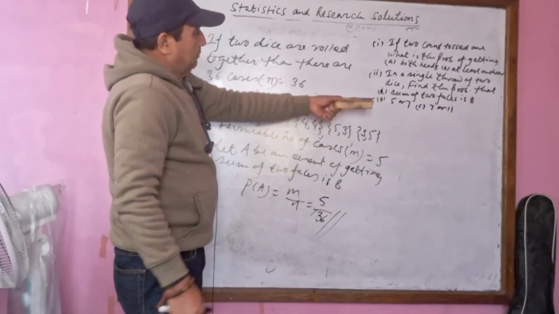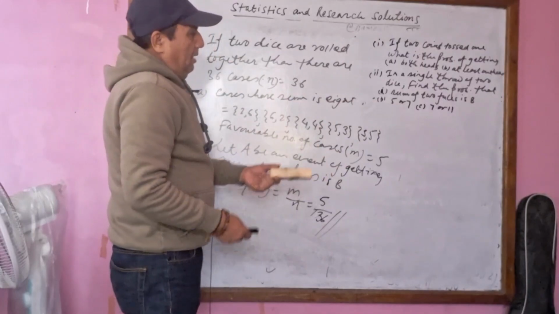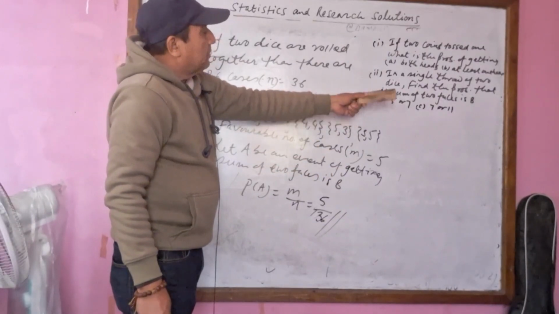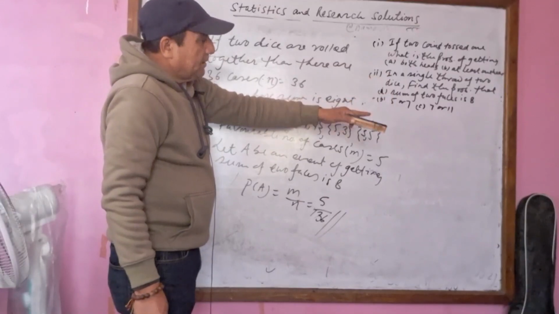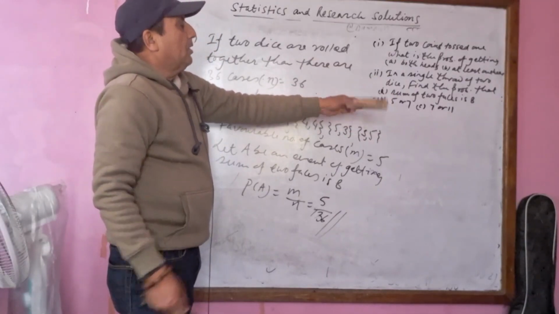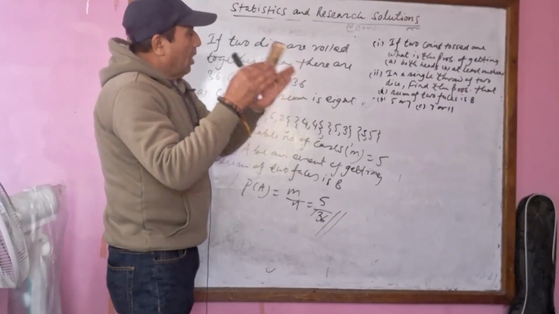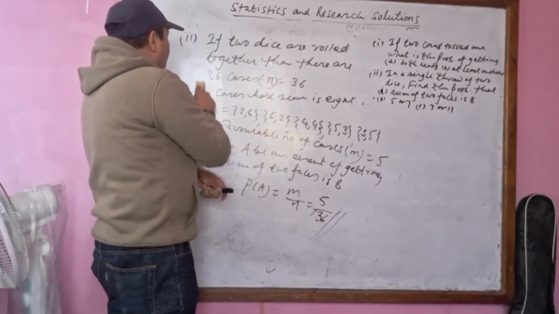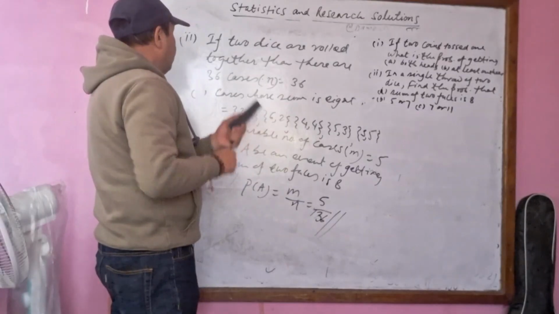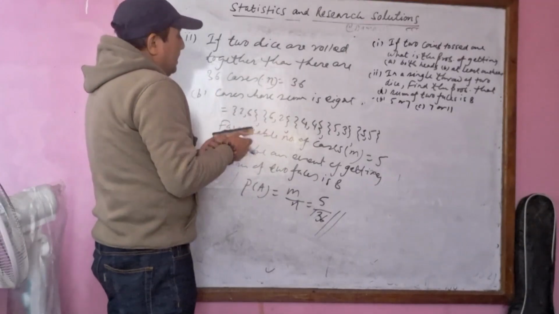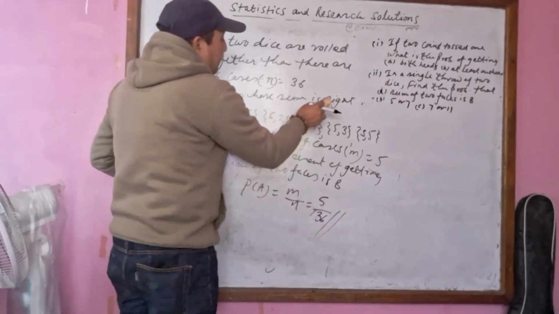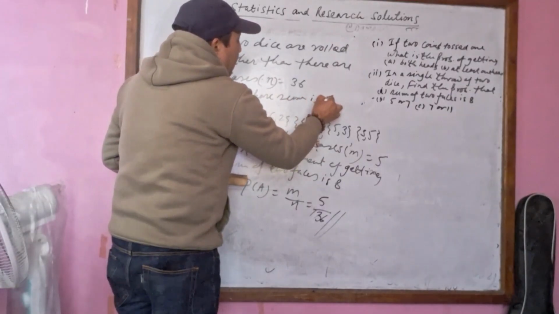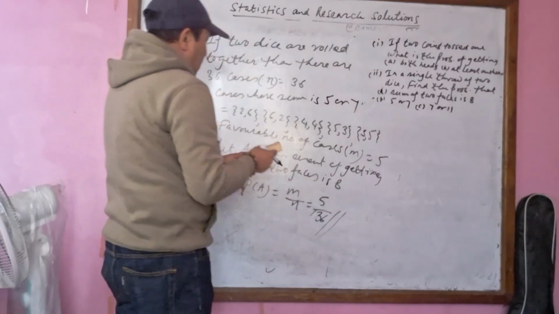And second, the sum of the faces will be 5 or 7. Both we consider, 5 or 7. The total number of cases is the same. In question B, cases whose sum is 5 or 7.